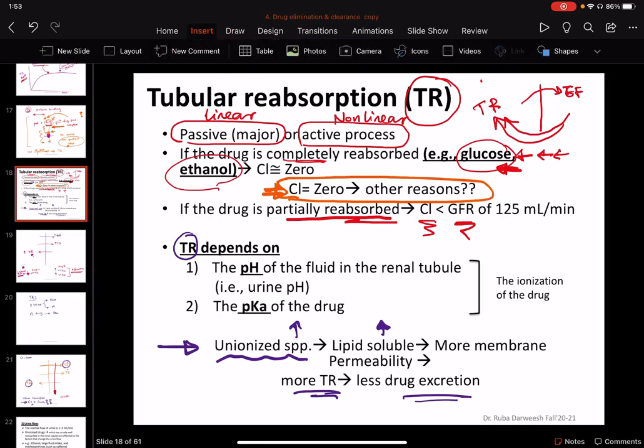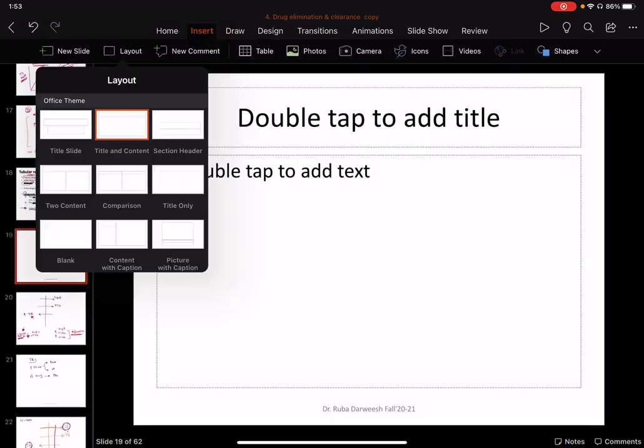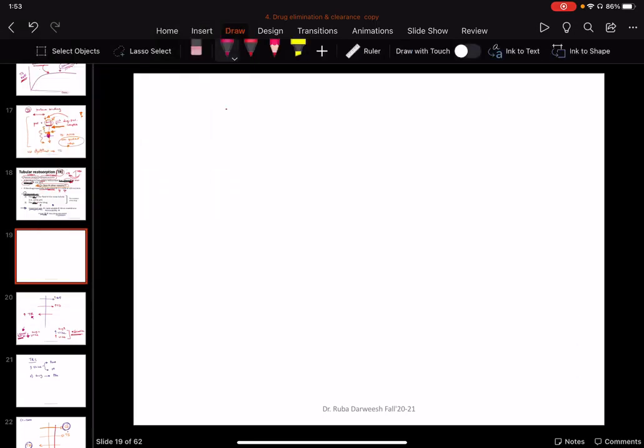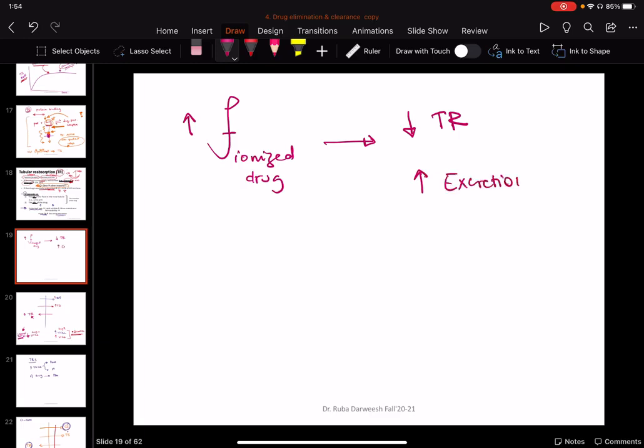Because if the fraction of the ionized drug is increasing, less tubular reabsorption is happening, which means more excretion is happening.